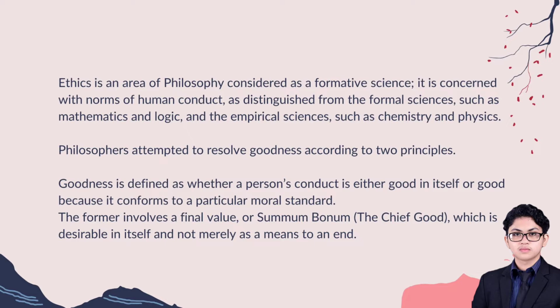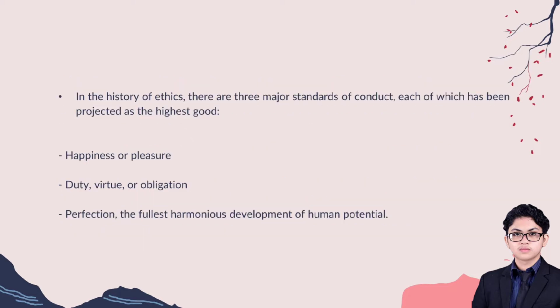So, as I said, there are two principles: whether goodness is defined as whether a person's conduct is either good in itself or based on the moral standards of our society. In the history of ethics, there are three major standards of conduct, each of which has been projected as the highest good.